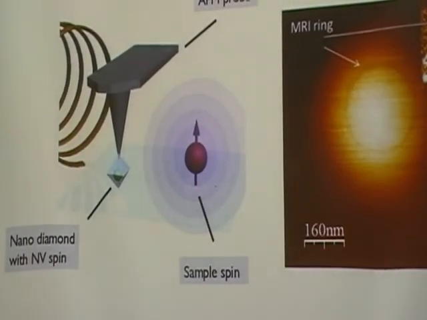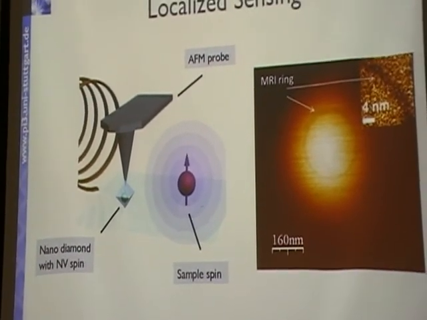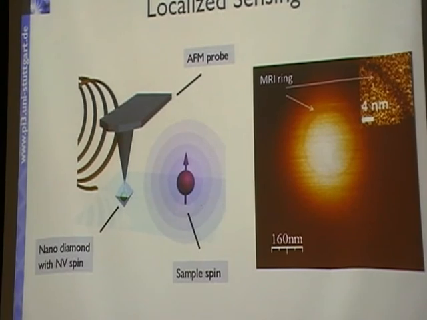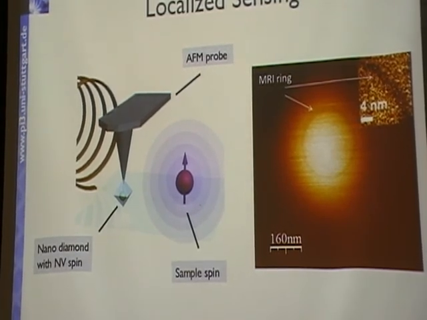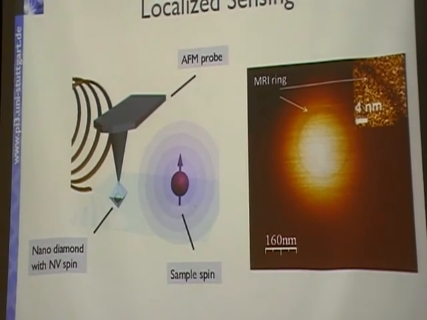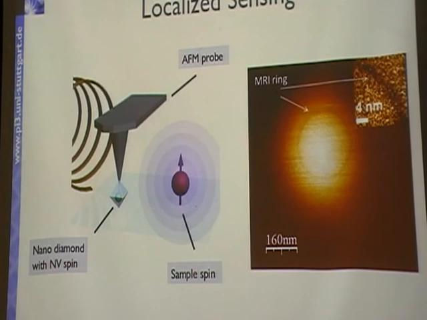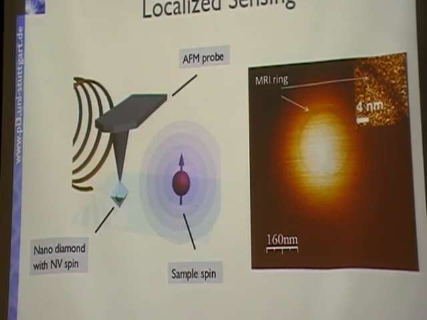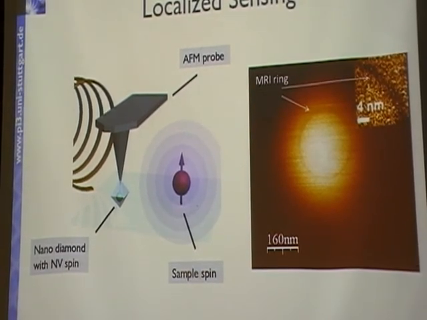So this is exactly what I was mentioning already. You have an NV center as a sensor. You scan it, for example, with an AFM probe over a sample, where you have a sample spin, and you can really localize where the spin is and what's exactly going on at which location. So you do something like nano MRI. One thing was performed by one of my co-workers, Toki, some years back in 2008, where they had a little magnetic sphere here, and there was an NV center in the diamond.